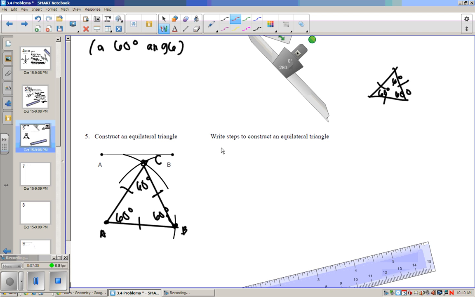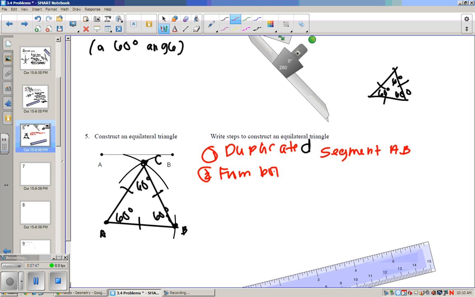Write in red, switch it up. Okay, first we duplicated AB. Second, from both endpoints, we made an arc.